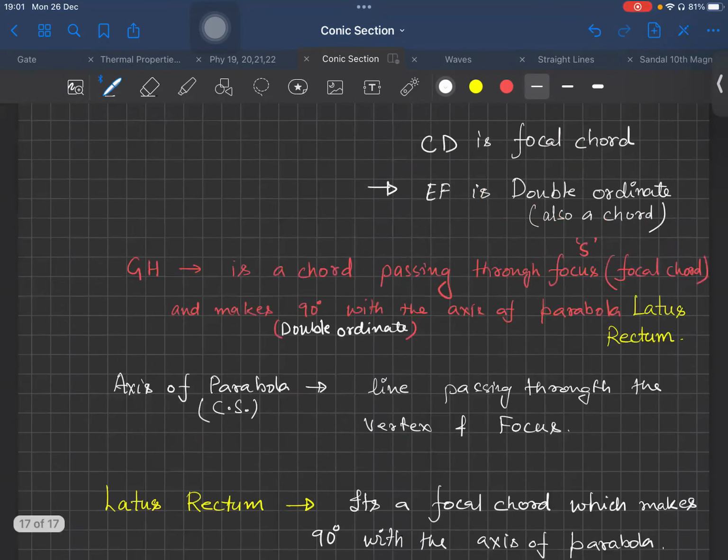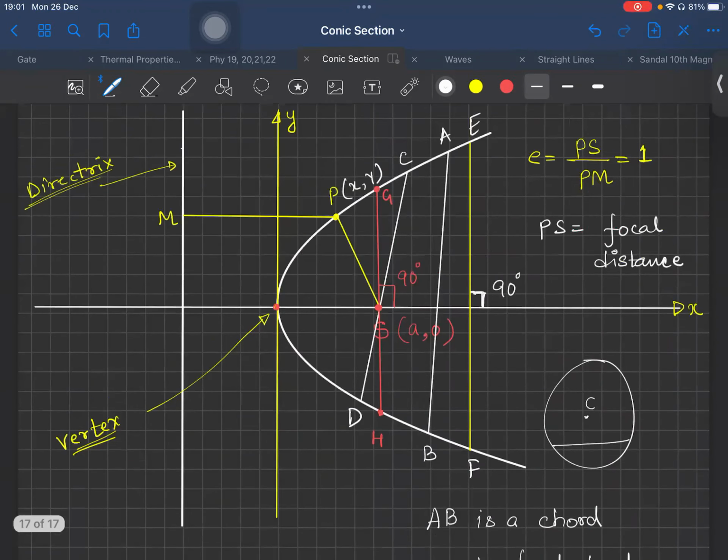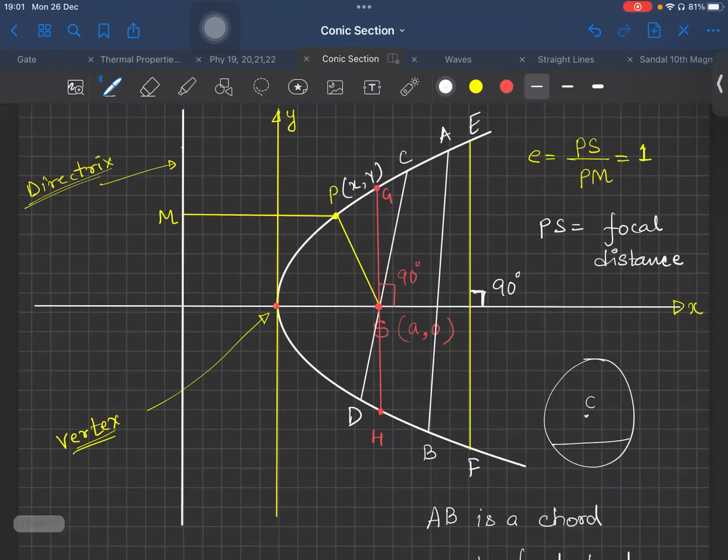Understood all the definitions? Any doubt here so far? So these are the terminologies related to a parabola.